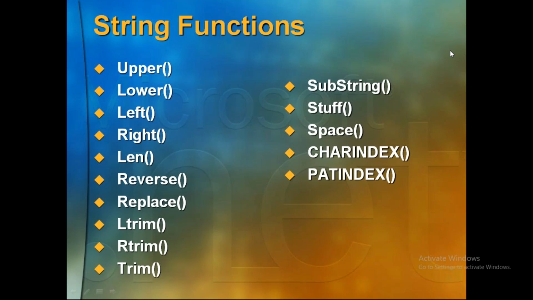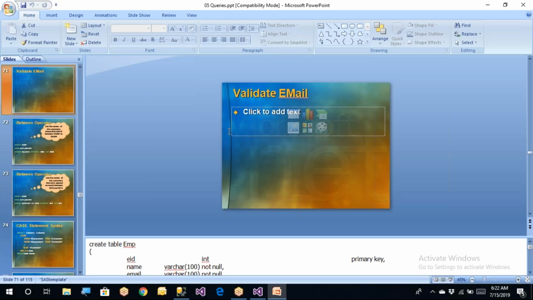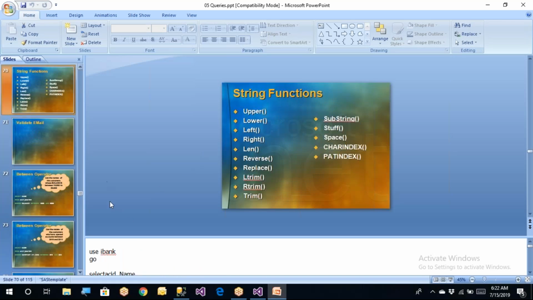What is lower? Let us understand. So upper function is, if you have some data in lower case and you wanted to make that uppercase, then normally we use the upper function to make it upper. If you wanted to make it lower, then you should be able to go and make it lower. So these are very straightforward and simple functions.